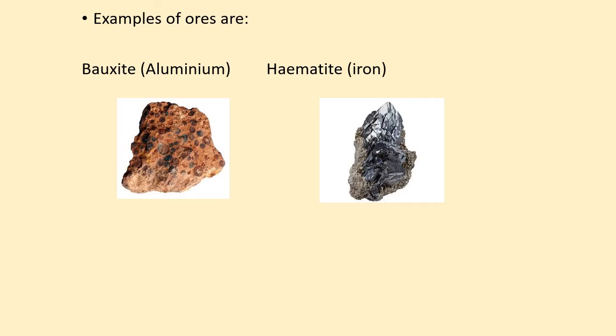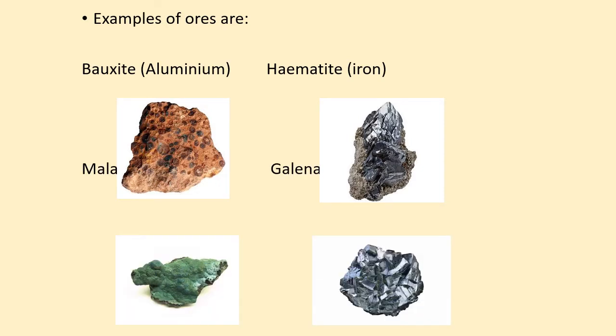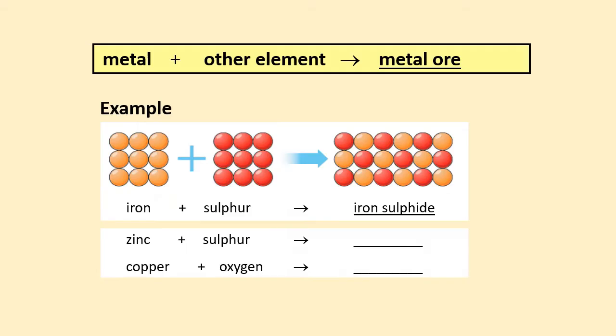And you can see that the rock does not necessarily look anything like the metal. So bauxite is an orange colour, but aluminium is a silver metal. Hematite, however, does look a similar colour to iron. Then we have malachite, which is this green one, which contains copper compounds, and galena, which contains lead.